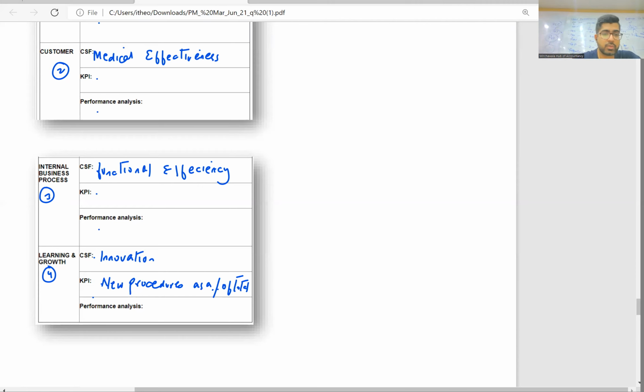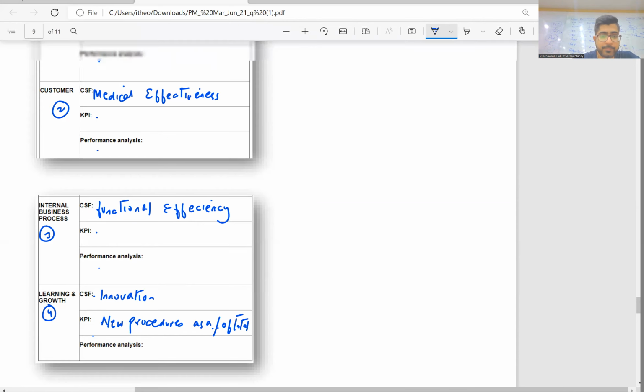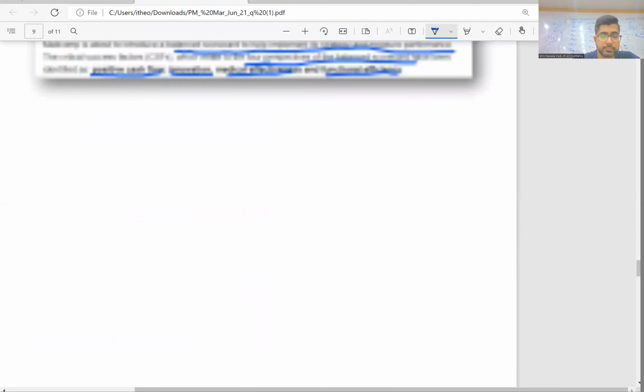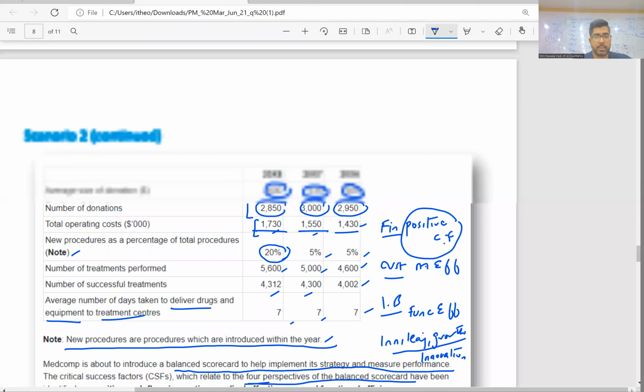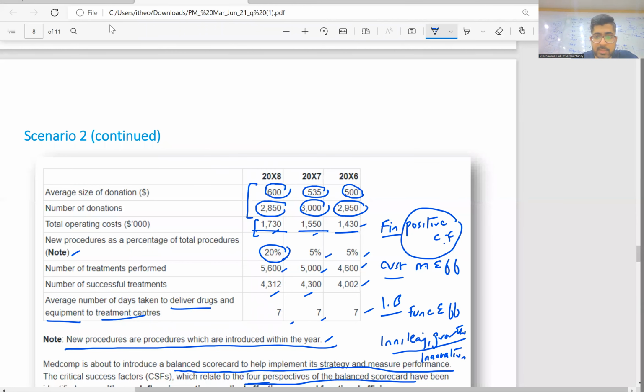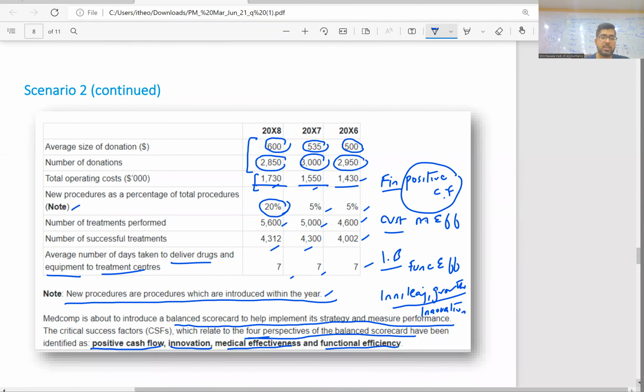Now I'm just focusing on two heads at the moment, and I will then focus on the remaining two heads. At the moment, I am focusing on innovation, learning growth, and financial. So I'm going back to the data. The question mentioned 4 critical success factors and we selected that the financial critical success factor is positive cash flow.